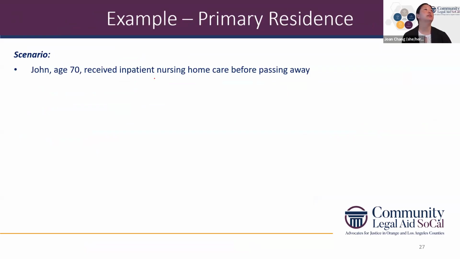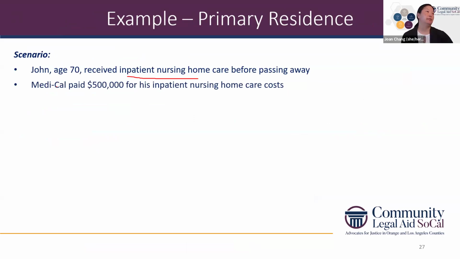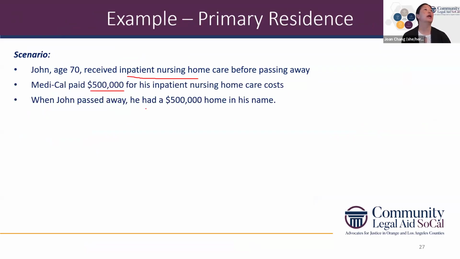He received inpatient nursing home care before he passed away. Again, made up numbers. Medi-Cal paid about $500,000 for his inpatient nursing home care costs. When John passed away, he had a $500,000 home in his name. So his fair market value was $500,000.